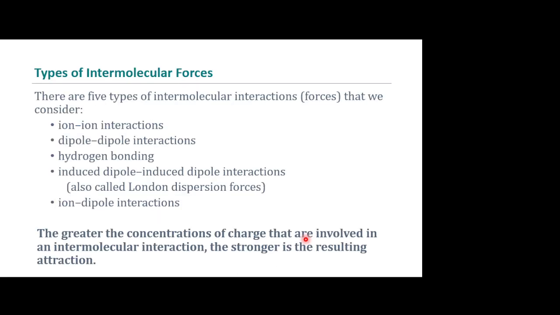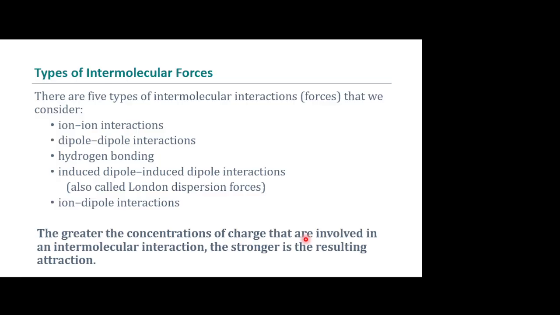Okay, and so let's talk about the types of intermolecular forces. We have the ion-ion interactions. We have the dipole-dipole interactions, hydrogen bonding. Is there any actual real difference between dipole-dipole and hydrogen bonding? Yeah, there's stronger ones, but what it really is, it's more of a combination of effects that just make them much better dipole-dipole interactions.